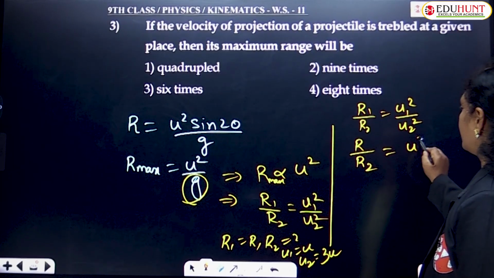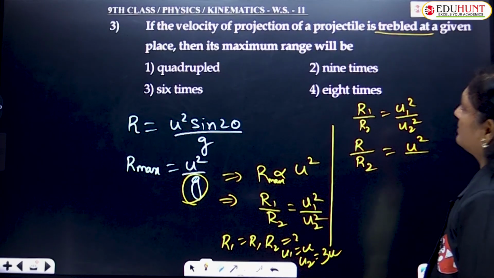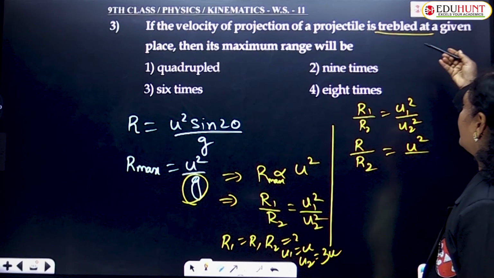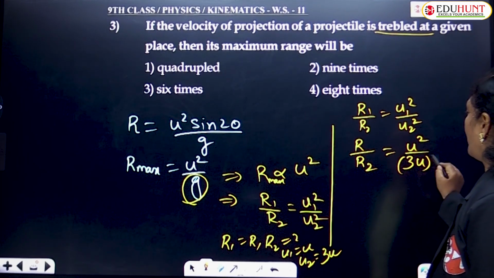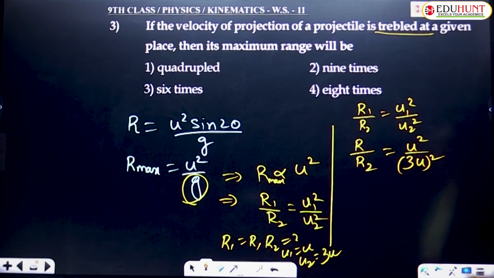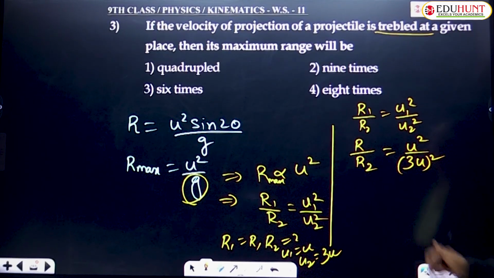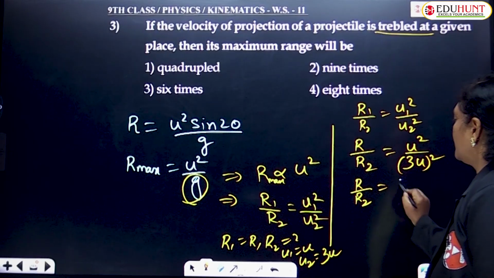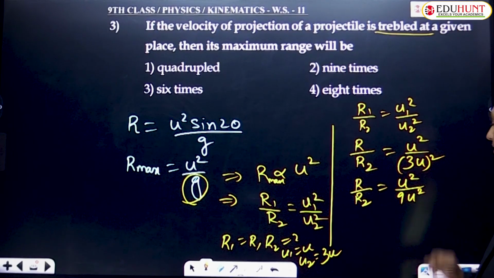U1, let me name it as U square. And U2, what did they make? U2 means the initial velocity of projection, if it is U, it is tripled, 3U whole square. Don't get confused with the bracket. U2 means 3U, whole square. Hence you have R by R2 equals U square by 3 square, which is 9U square.